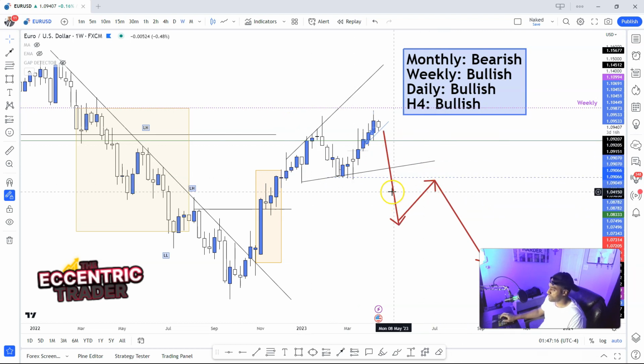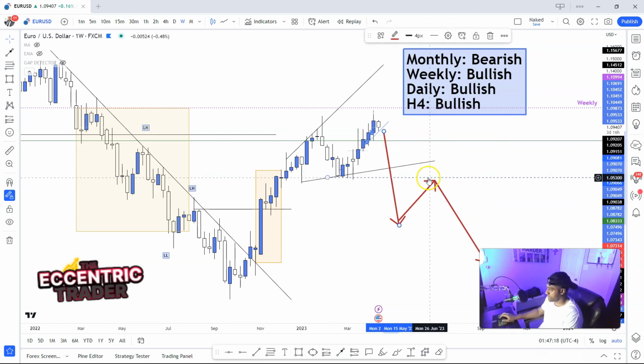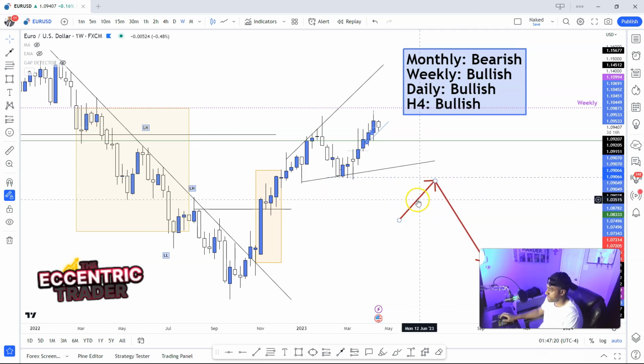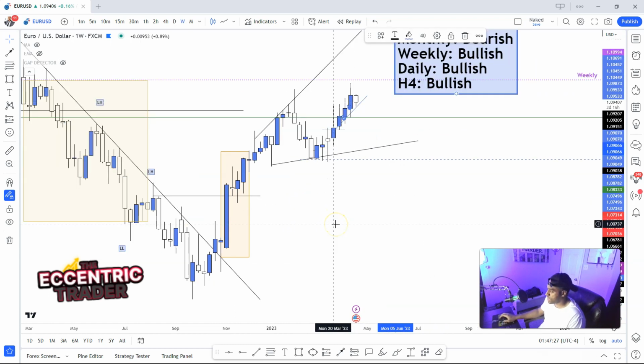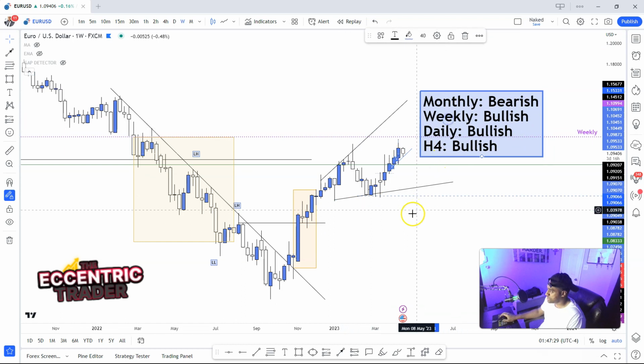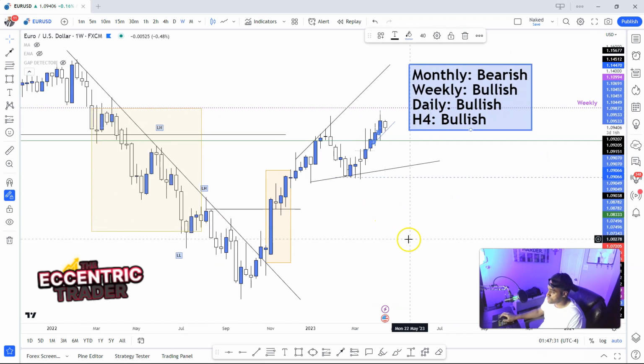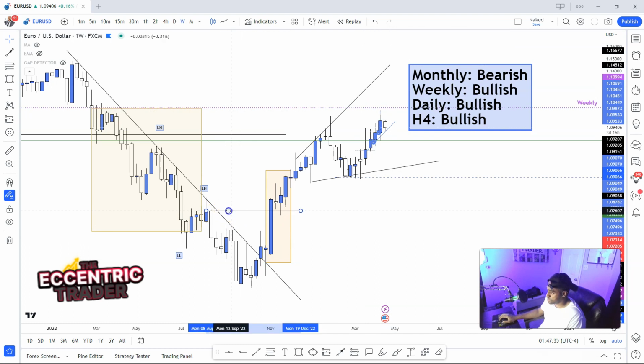I mean, we're in a weekly time frame, but if it was on an entry time frame, that lower high is always your first selling opportunity. All right, but it didn't do that, or it hasn't done that, so it's still bullish. The point of reference for this is this black horizontal line right here.